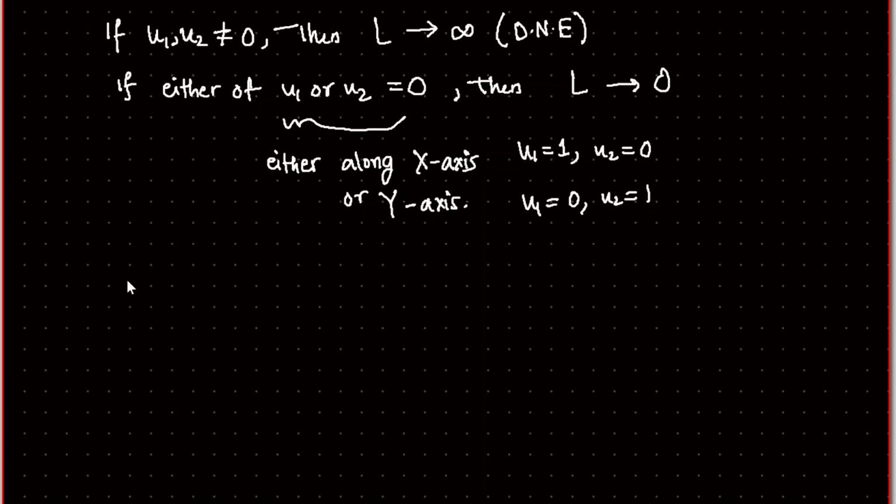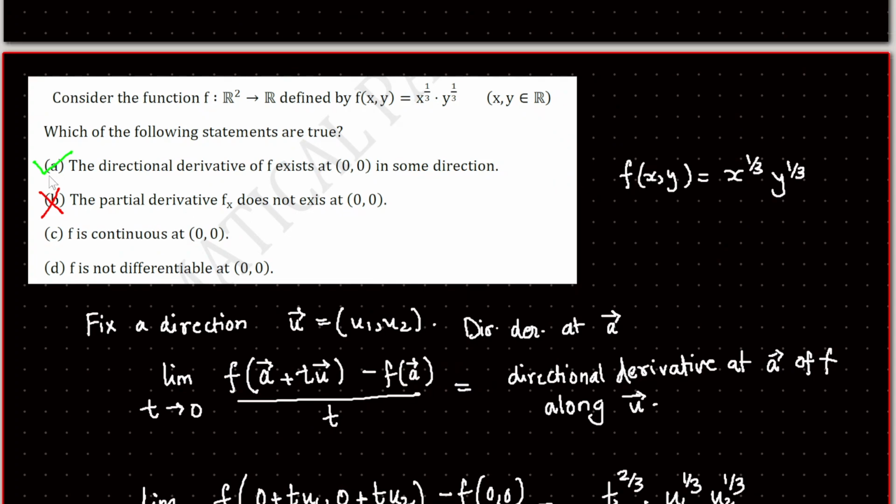This is straightforward because just observe that the limit as x comma y goes to 0 of xy to the power 1 by 3 will be equal to 0, which is nothing but f of 0, 0. So it is continuous. So f is continuous. This is true.